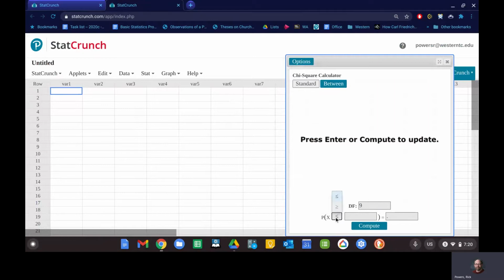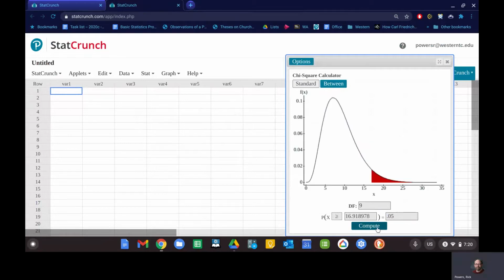All I have to do is change my arrow symbol and put in 0.05 to the right. And there I have it. So using StatCrunch, we're able to get these critical values directly. We don't have to consider 1 minus this or anything like that. Unfortunately, when the textbook asks you for what they want, they use that 1 minus alpha over 2, so you just have to make sure that you put the right things into StatCrunch based on what the textbook is asking.